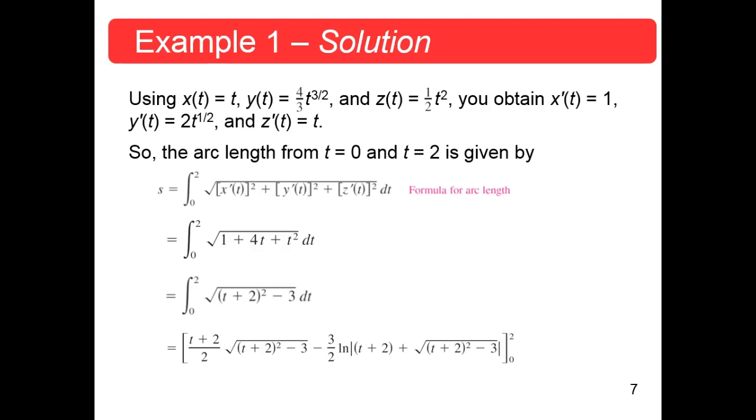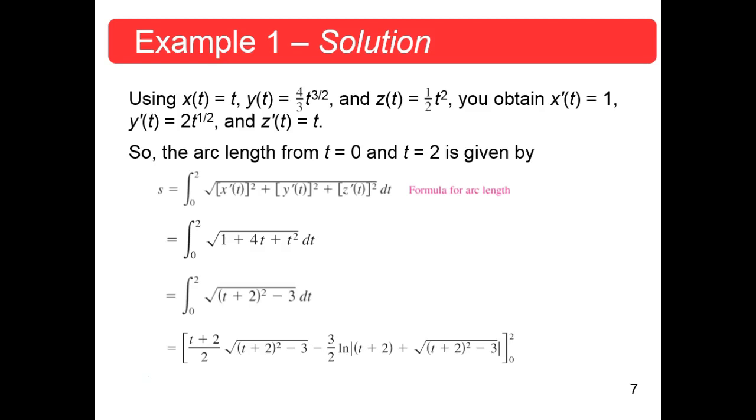So they put in absolute value bars, which I find totally unnecessary, and here's why. Look at what's in here. The minimum value that can be is when t is equal to 0. That would be log of 2, plus the square root of 2 squared, which is 4, minus 3, which is 1. It's the minimum value of it. Anything bigger than 0 is going to be even bigger. So that's never negative. So you don't need the absolute value bars for this problem. Some you might, this one you don't. Okay?